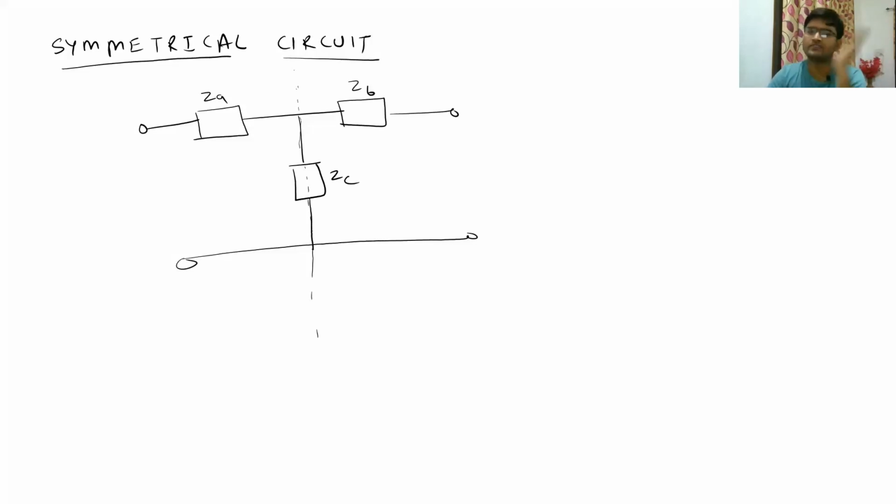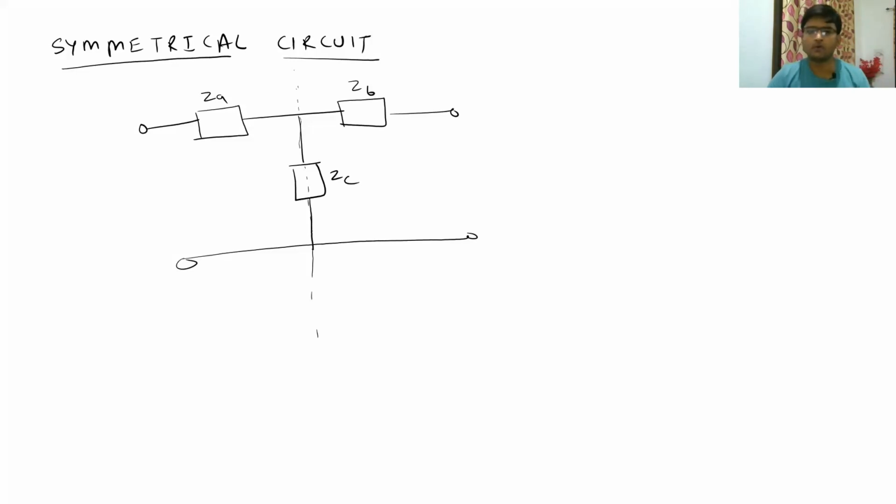So the left side and right side should be the exact replica of the circuit from the center of the circuit. So this is called the left right symmetry. Similarly, if you talk about the up and down symmetry, the circuit at the upside should exactly be the same as the circuit at the downside.